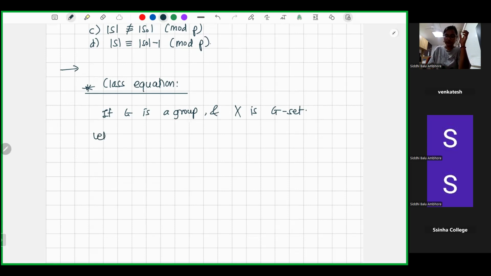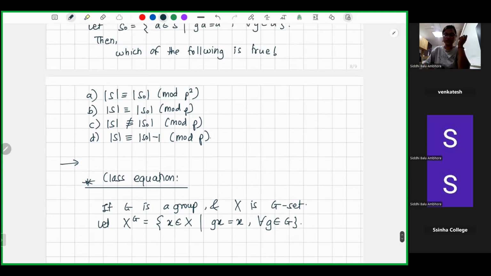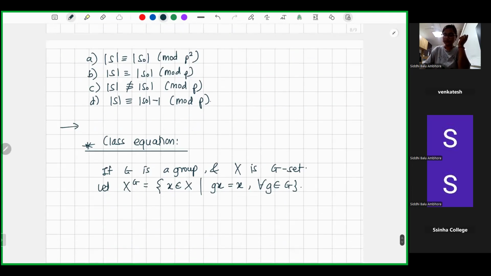Let X^G be the collection of all those x such that gx is x for all g in G. This is just a notation, and this is what S naught means here.